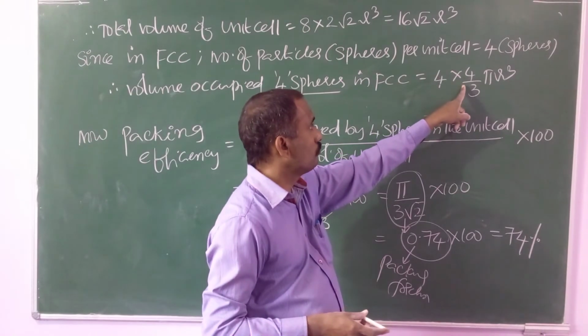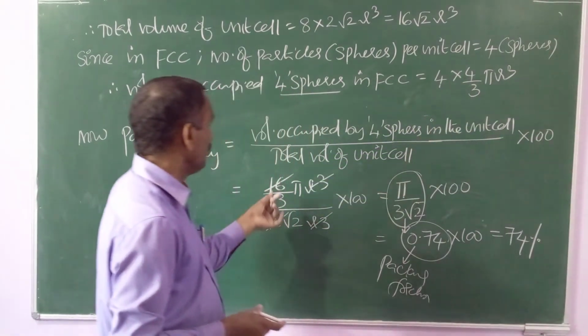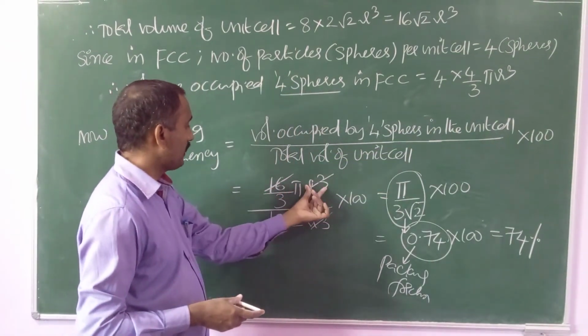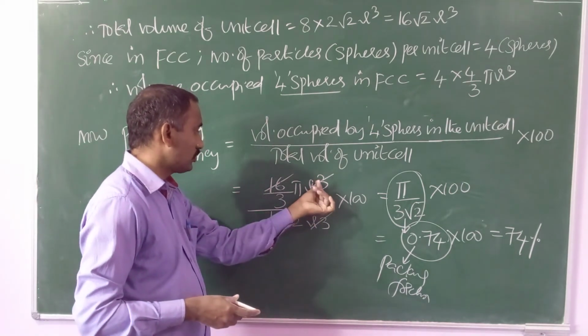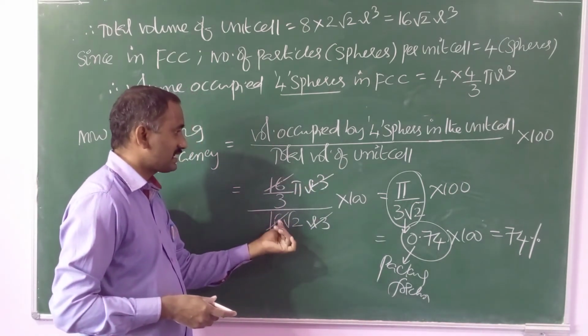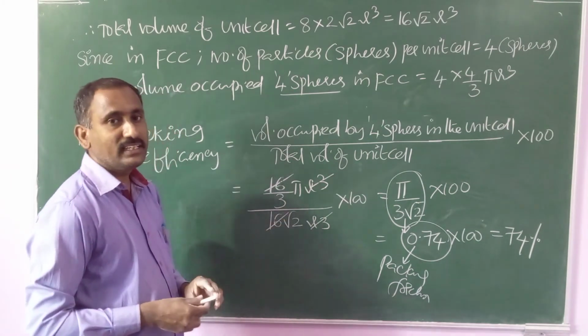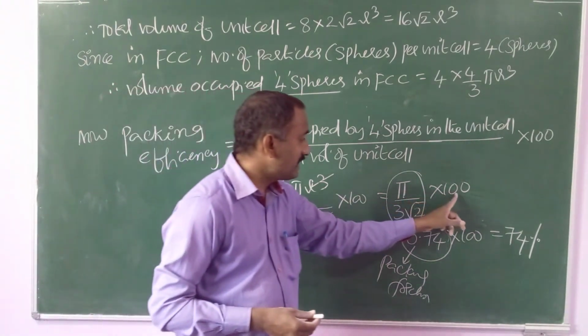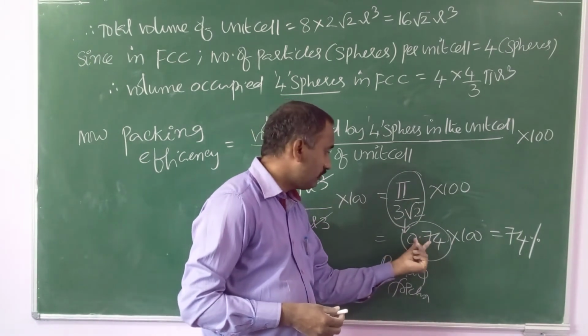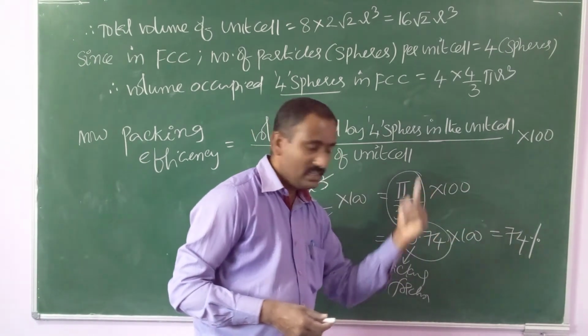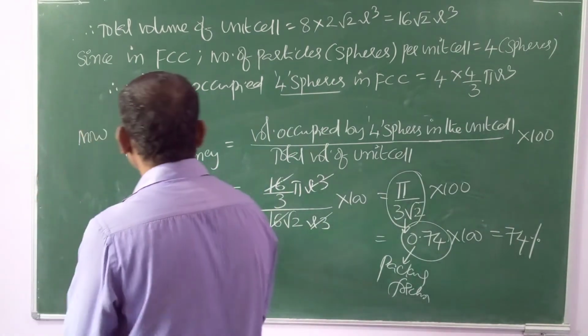Volume of 4 spheres is 4 into 4 by 3 pi r cube. Therefore 16 by 3 pi r cube by 16 root 2 r cube. R cube gets cancelled, 16 gets cancelled. Pi by 3 root 2. Packing efficiency means into 100. Calculating, you will get 0.74 into 100, 74 percentage.